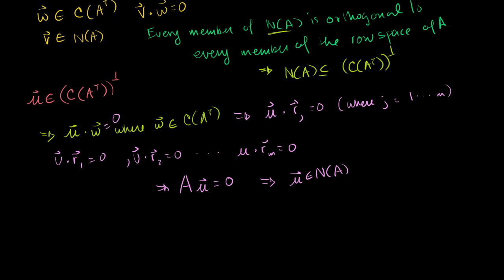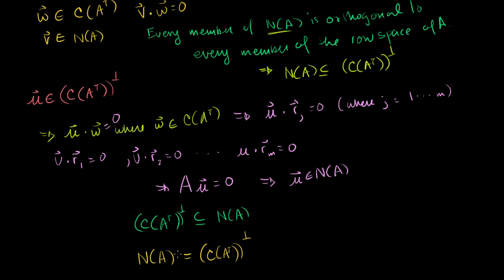And here we just showed that any member of the orthogonal complement of our row space is also a member of your null space. Well, if these two guys are subsets of each other, they must be equal to each other. So we now know that the null space of A is equal to the orthogonal complement of the row space of A, or the column space of A transpose.